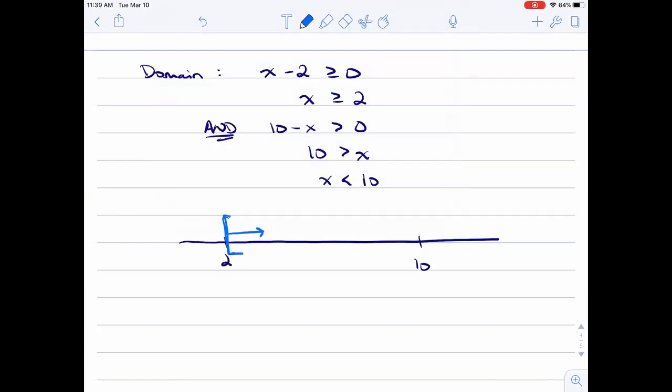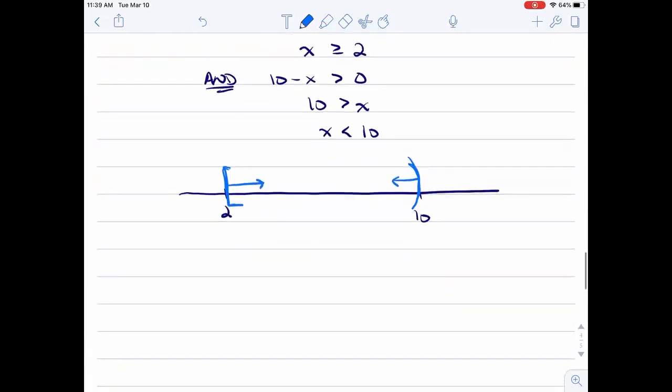This is just for you to visualize, so there's no proper way to do it or real way to do it. But we're also saying that x has to be less than 10, right? And so not including 10, so I'm going to put a round bracket here, but it has to be going in here, right? And so the region including 2 and going up to 10 exclusive, that's our domain.